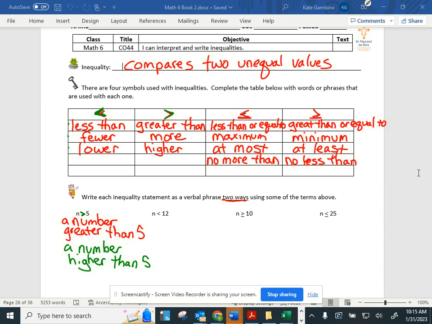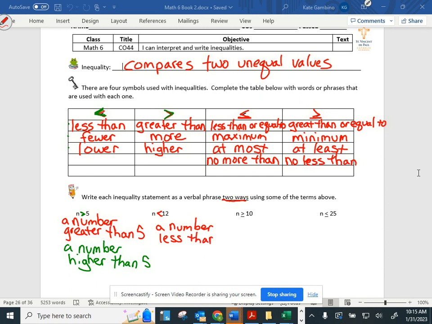Let's look at our next one. This one has this symbol. So how would I say that as a verbal phrase? Riziki. 12 less than. Careful. Oh, I mean, and. So a number less than 12.